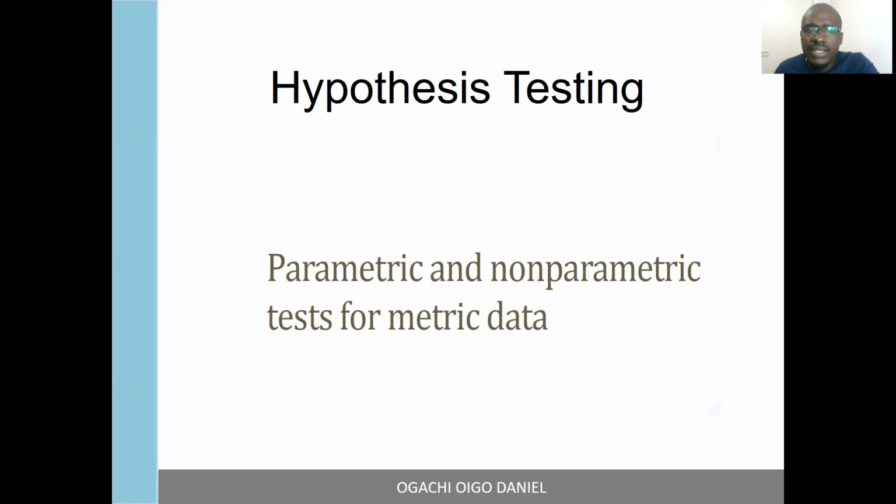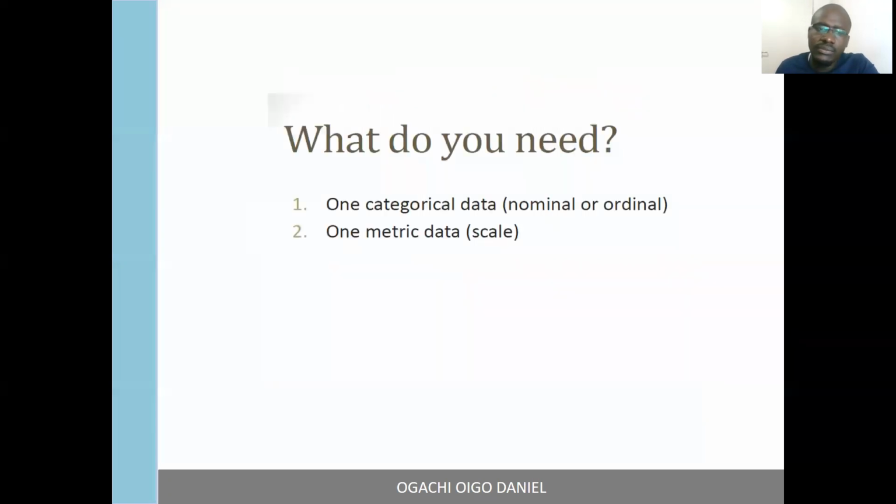So we decide on the test, whether parametric or non-parametric, depending on the normality of our data. One key important thing we need to understand is what you need in testing hypotheses.